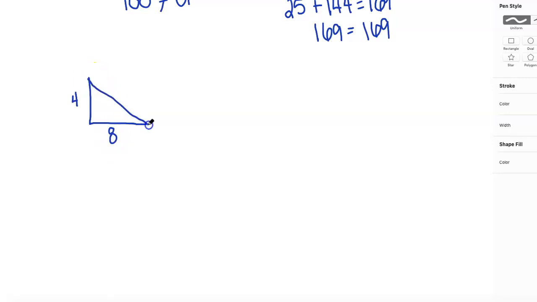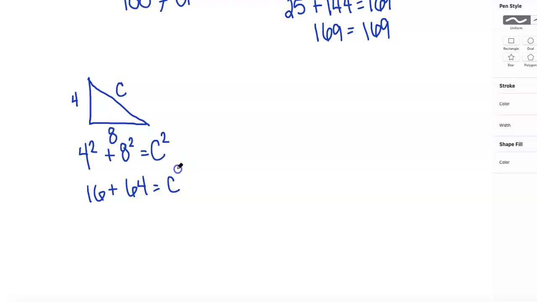And I need to find C. So again, I'm going to take 4 squared plus 8 squared, and it's going to equal c squared. 4 squared is 16. 8 squared is 64. And that's going to equal c squared. Again, I'm going to add these two up, and I get 80. And 80 is going to be equal to c squared.